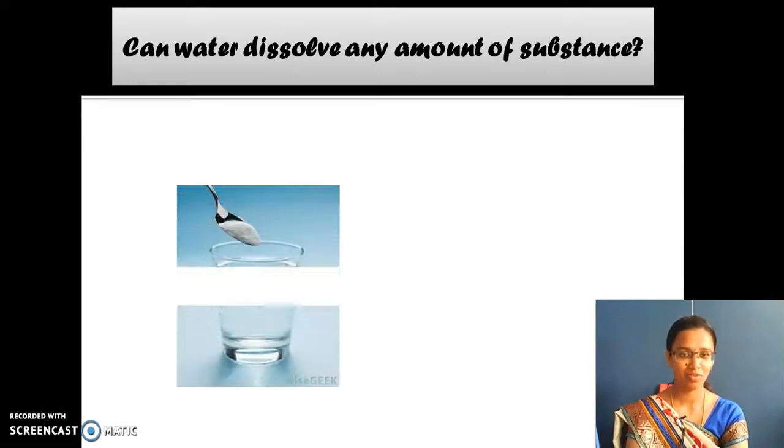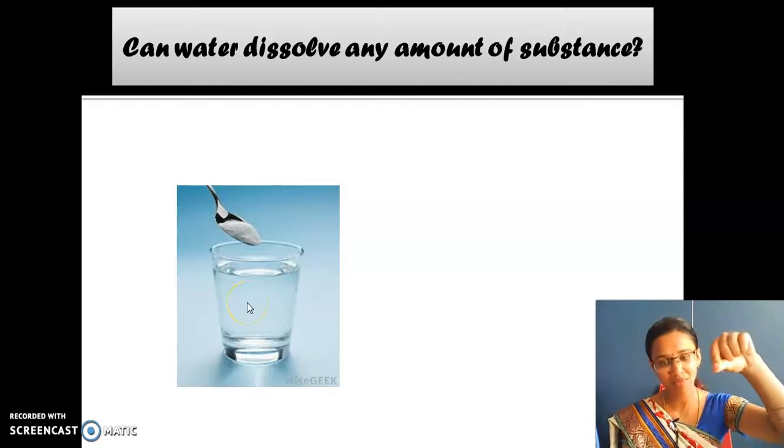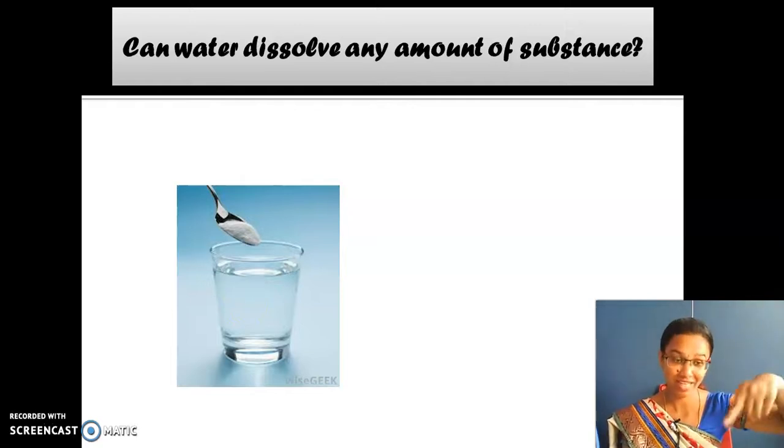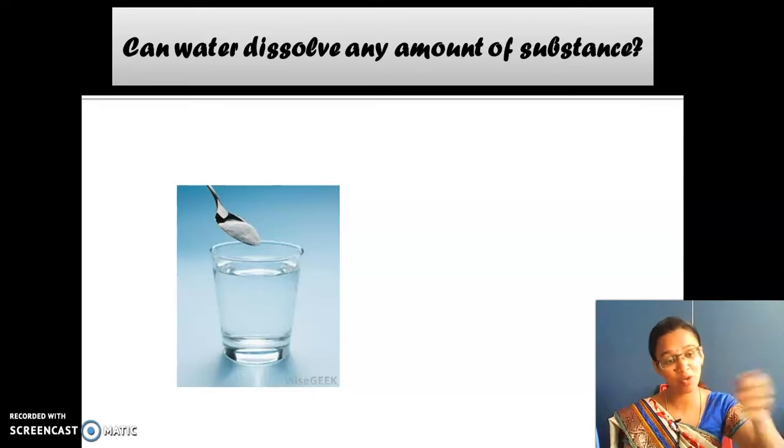No. So listen here, you are adding salt inside a glass of water. First you put in salt, stir it, and it gets dissolved. After that you put one more spoonful, stir it, it too gets dissolved. You keep on adding and dissolving in that water.